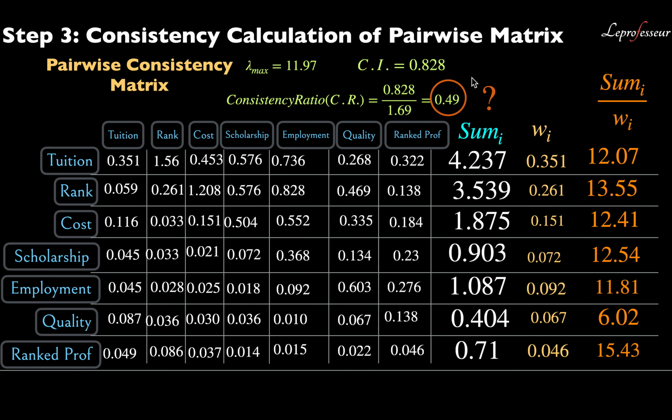Now this number, the consistency ratio, what does it say? Typically, it is preferred to have a consistency ratio less than 0.10. Otherwise, it tells me that somewhere I have made a mistake, or I should have adjusted some values in my pairwise comparison matrix.